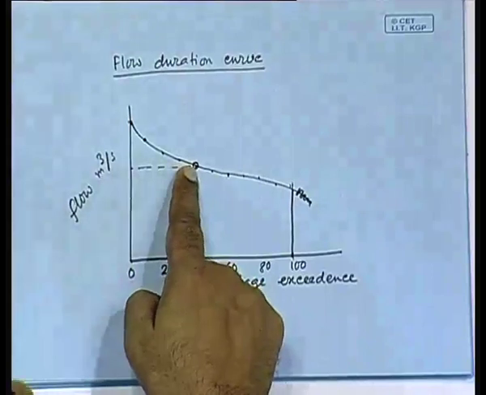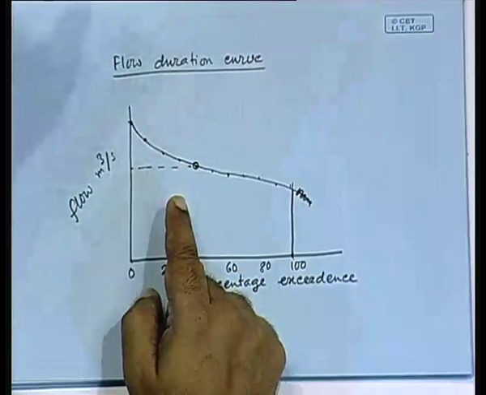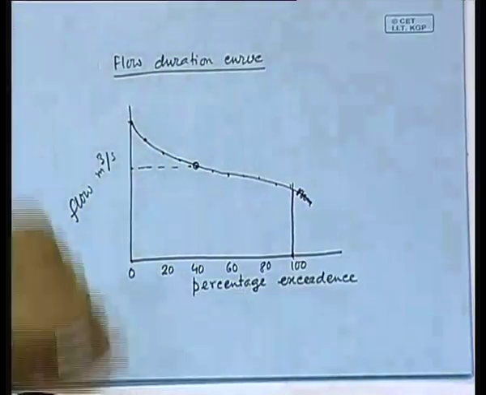And there will be a head difference here also. So, the head also depends on the flow rate. Clear? This much of flow rate will have associated with it a specific head.